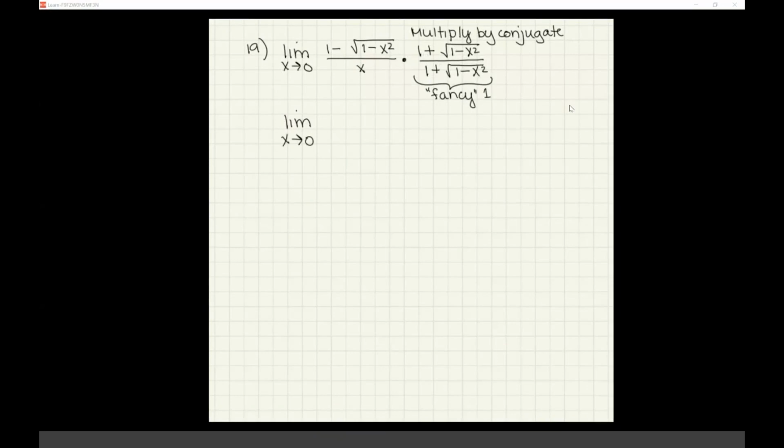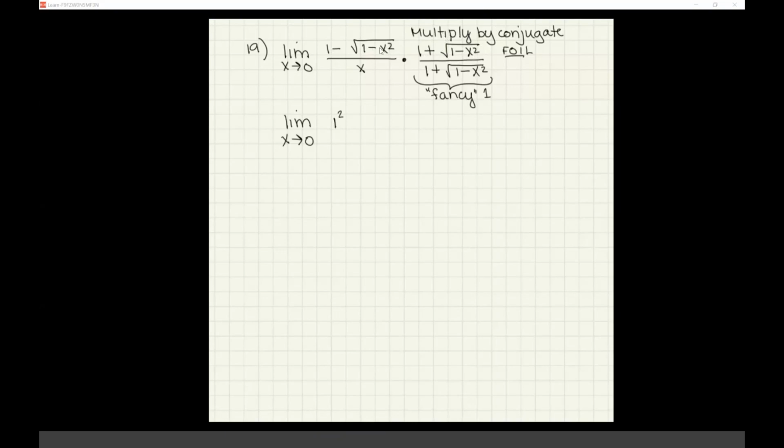I can do a FOIL up here, but remember, I told you it's quicker when you're multiplying a pair of binomials to just do it rapidly. So I'm going to square my first term. My first term in both cases is a 1, so 1 squared is 1.